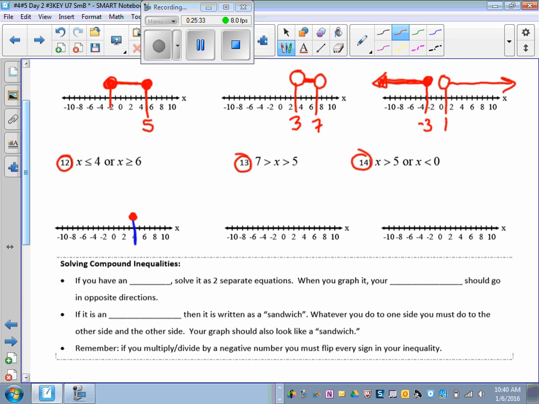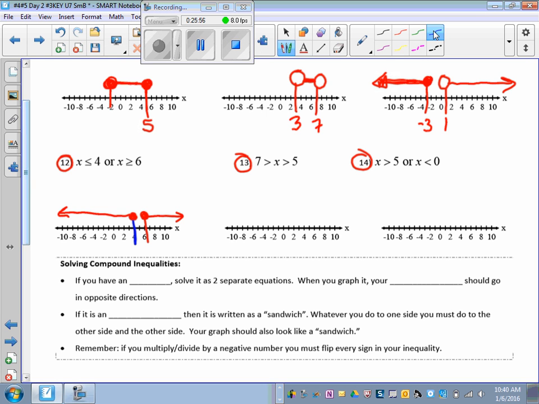Let's just stick with the left side. So x is less than or equal to 4, so that's going to be to the left. And then x is greater than or equal to 6. So again, a closed dot, everything greater than that.